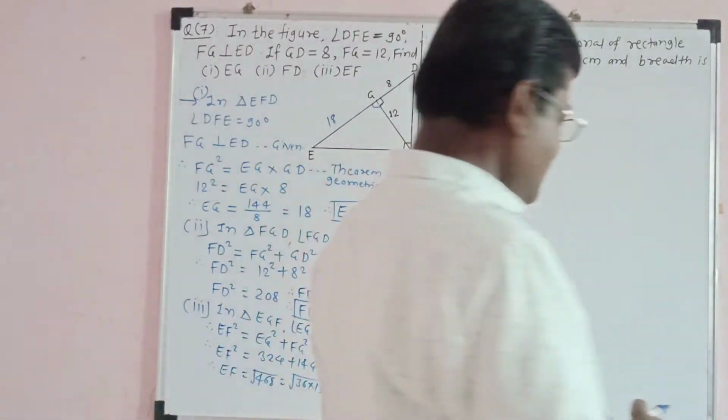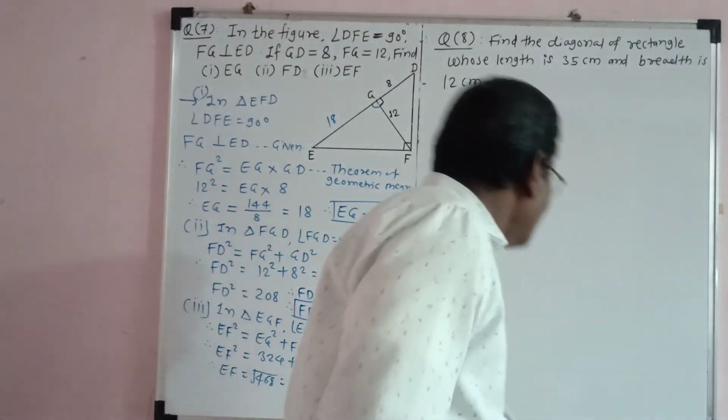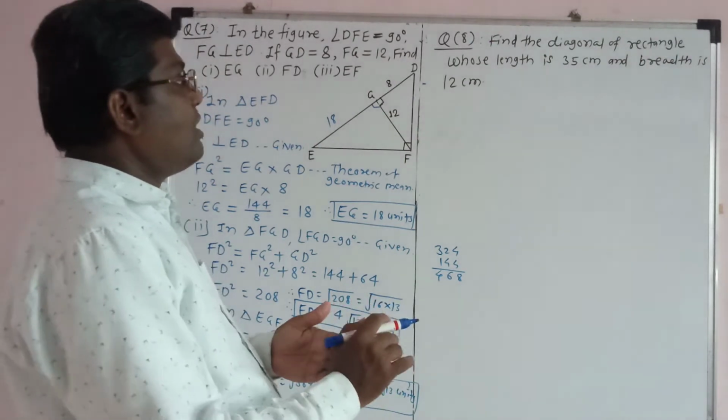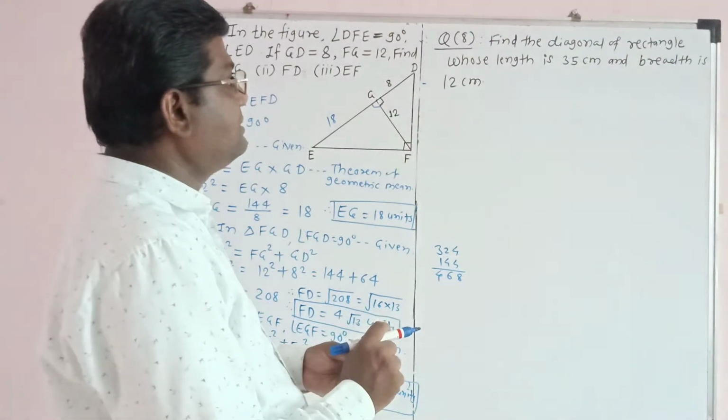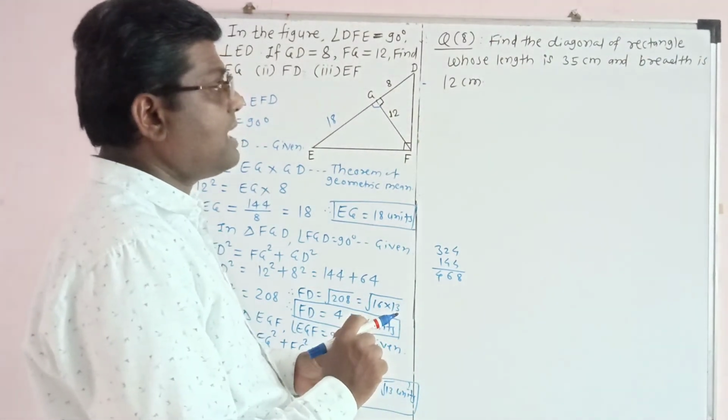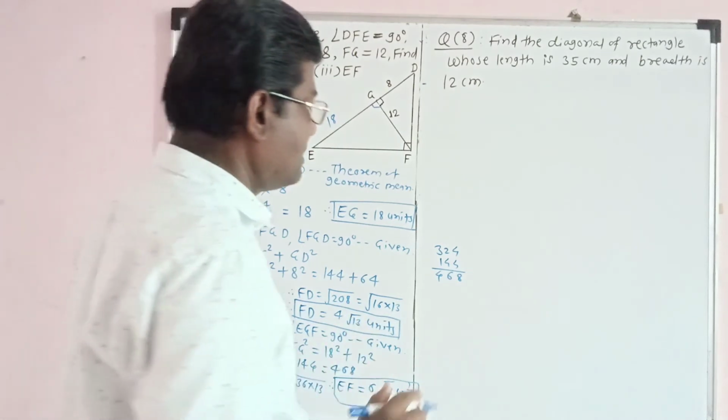Now example number 8. Find the diagonal of a rectangle whose length is 35 centimeters and breadth is 12 centimeters.